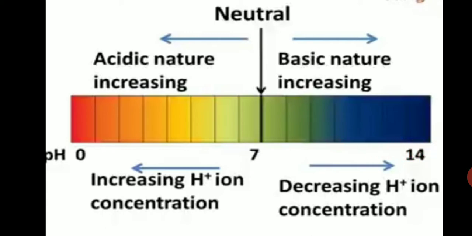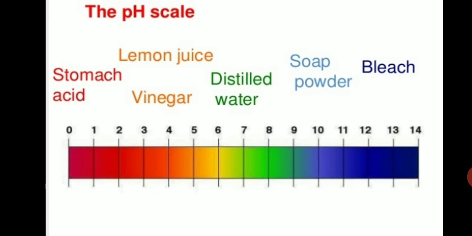are strong bases. Okay, so normally we can see some substances that show color change. When we dip a pH paper, a universal indicator paper that is available in the laboratory, in acid or base, it shows different colors.